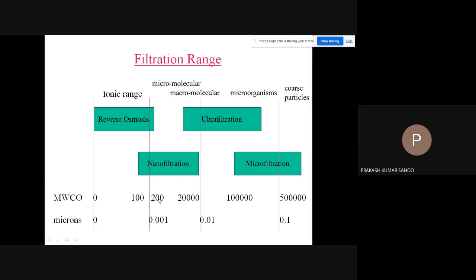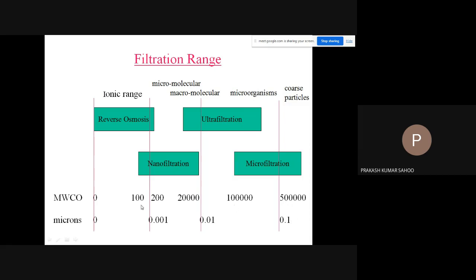So the total range is 0.001 to 0.01, or 200 to 20,000. Then microorganisms undergo ultrafiltration, that is 1 lakh, and if it is a coarse particle, that is the smallest one, that will be 5 lakhs, or 0.1 micron.